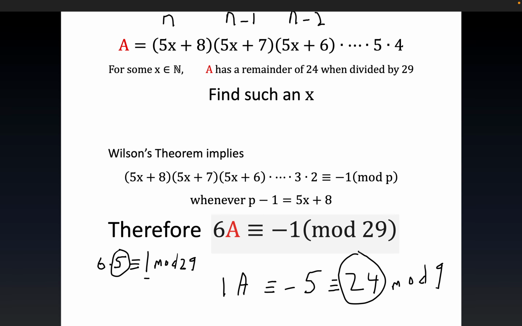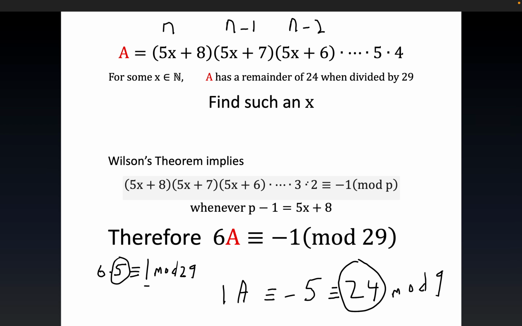Now, what's the question? It says find such an x. Well, that's fairly simple too, because 5x plus 8 would have to be 28. So p is 29, let's just go 29 minus 1.